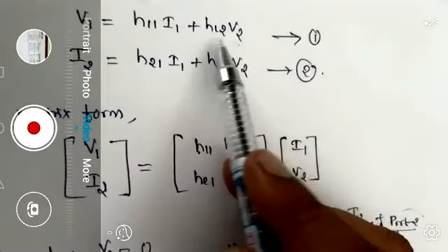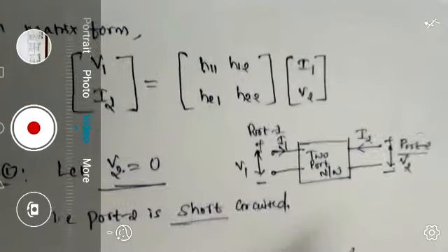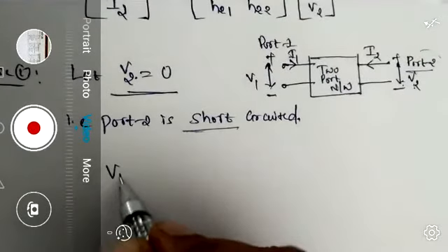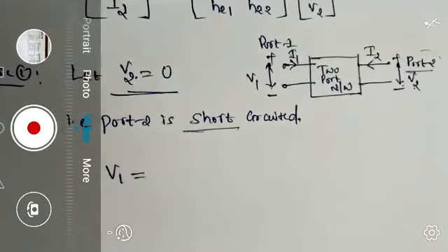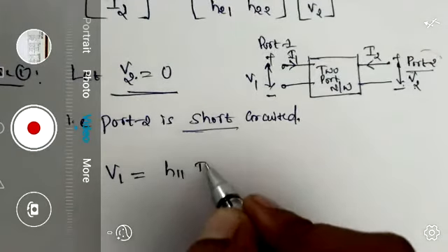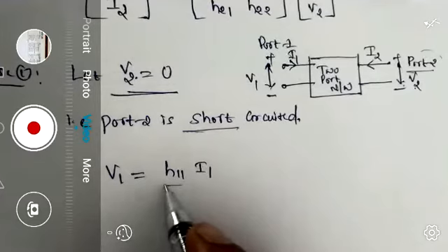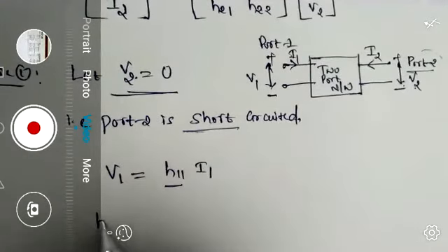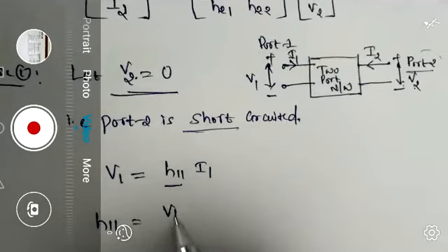Next, if you substitute V2 equal to 0 in equation 1, then equation 1 becomes V1 equal to H11 I1. So H11 equals V1 by I1.